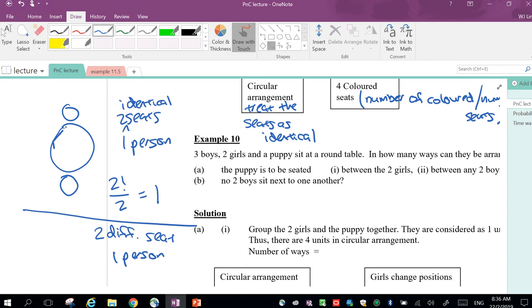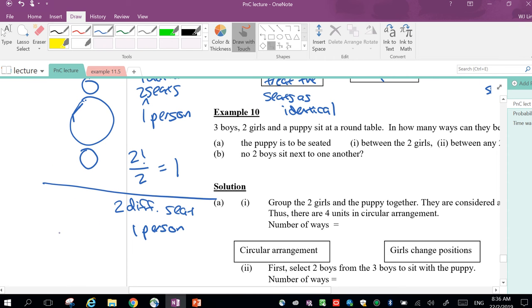So 2. So when you have 2 different seats, 1 person, you still treat them 2 factorial over 2 as if the seats are identical, then you times 2. Why times 2? Because there are 2 numbered seats. So it's like treating the vacant seat as the person sitting there, like a ghost sitting there. Clear about that?